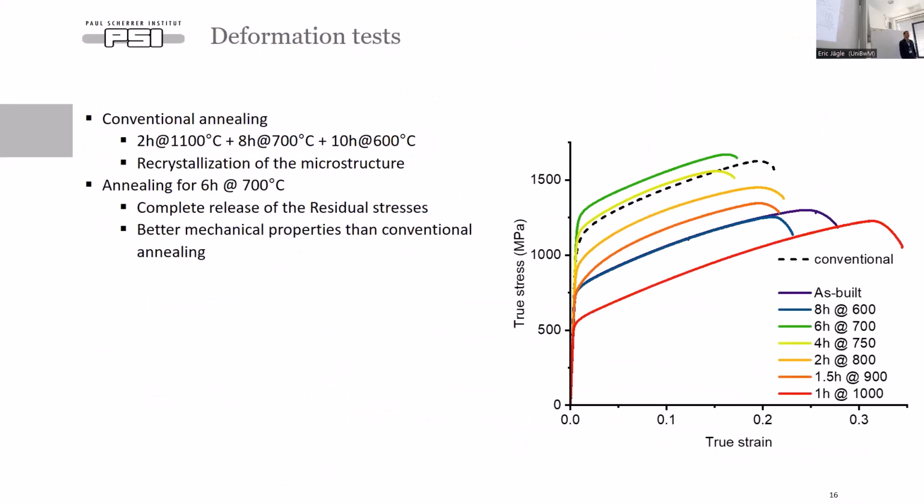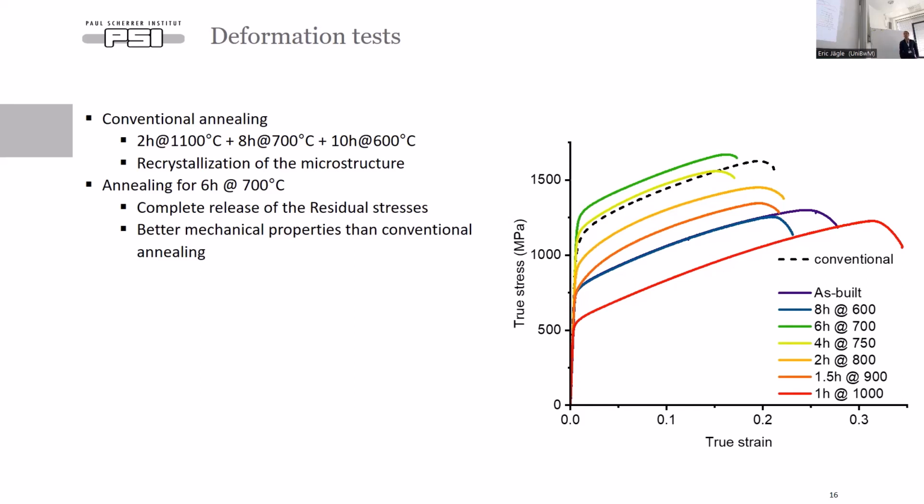We were also interested in how it is with the mechanical properties. Like, if we do the annealing, do we maintain the good mechanical properties or even improve? And we actually can see that we also did the conventional annealing, which is 2 hours at 1100, followed by 8 hours at 700 and 10 hours at 600.